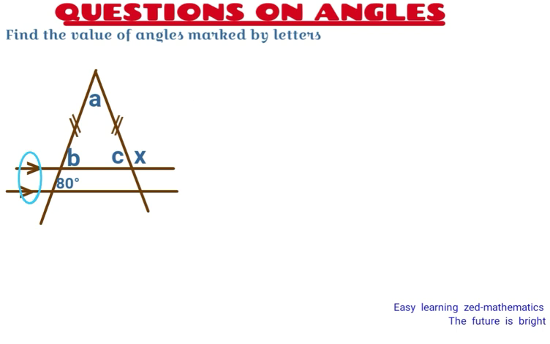The one forming the angle B is slanting towards the right hand side of the screen, and the one forming the angle C is slanting towards the left side. So that means the angles will be different.